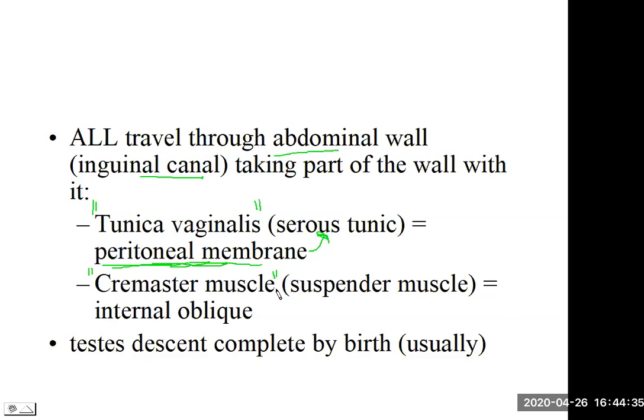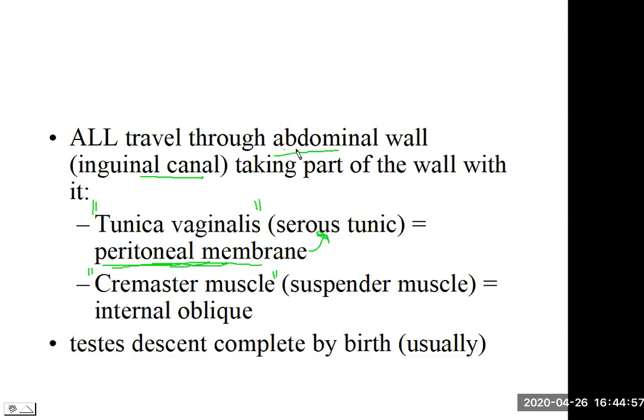And the cremaster muscle itself is a small portion of, again, the abdominal muscle, in this case the internal oblique muscle of the abs, and a small portion of this internal oblique muscle gets pulled down into the scrotal cavity to form the cremaster muscle.